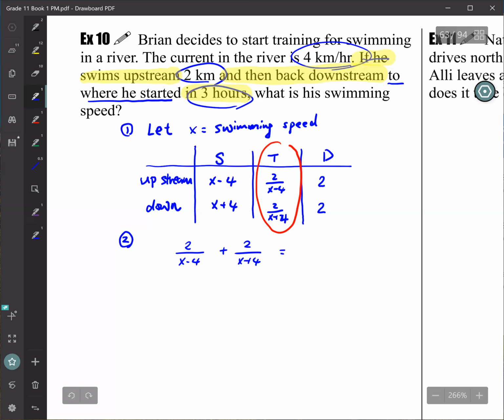Oh no, it's nothing. I don't know what it equals to. Oh wait, 3. Would it be 3? Yeah, the time, right? Entire time. The first part is the time for going up. This one is the time for going down. Together is the round trip. It takes 3 hours. Okay, so let's start solving, okay?